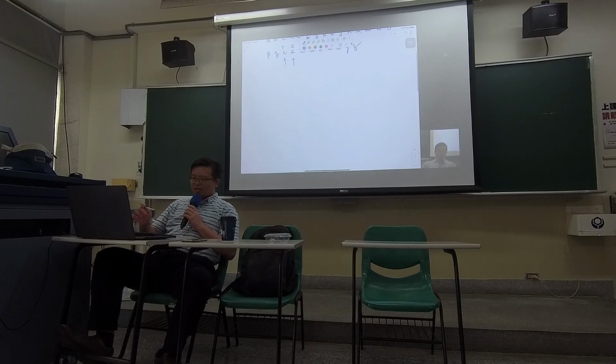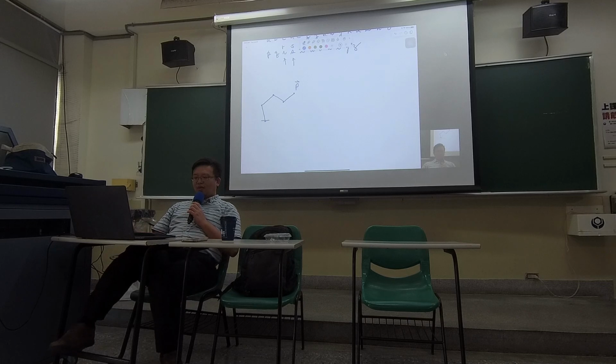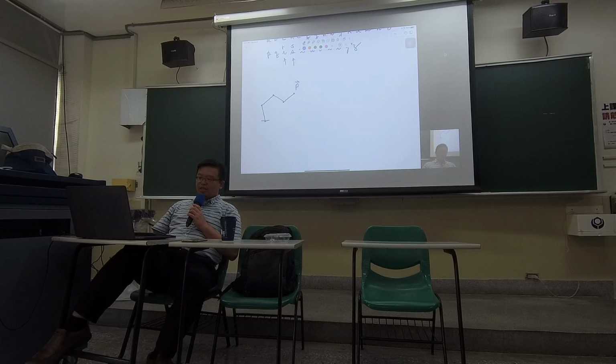So let's define some symbols. Let's say this is a robot. I'm not going to draw something professional, just indicating a robot. Let's say this is the end effector. I'm going to use P point in this lecture. And there are multiple angles.